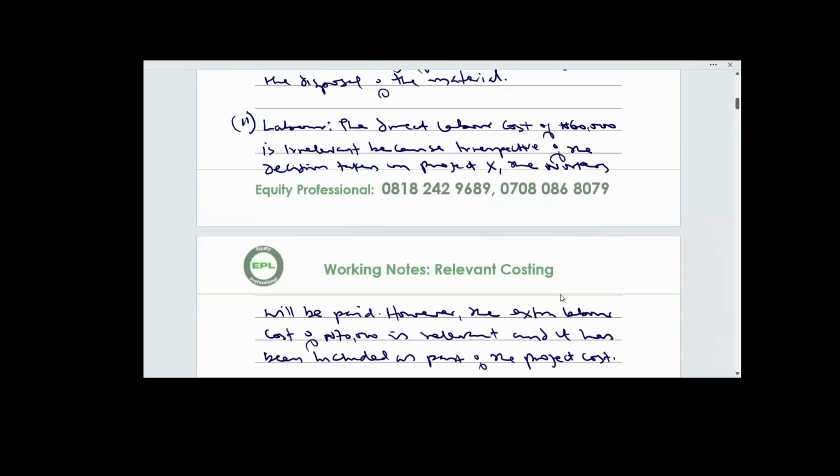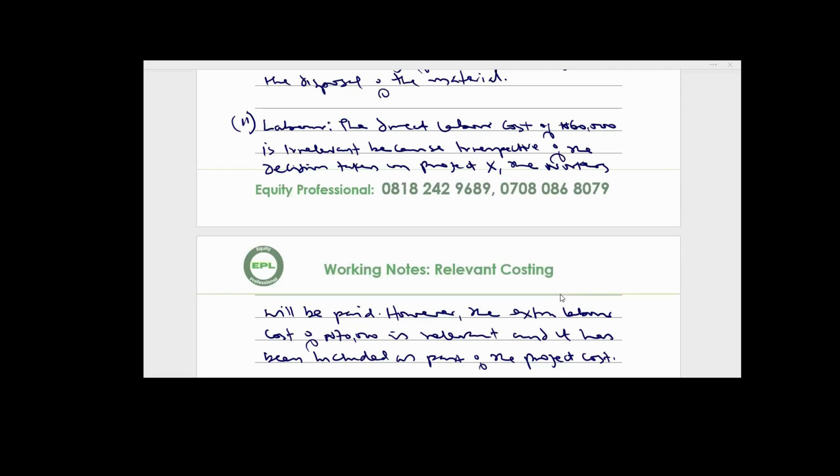Let's move on. Number 3. Supervision cost has been charged to the project on the basis of 33 1/3% of labor costs and will be carried out by assisting staff with their normal duties. So, how do we treat the supervision cost? According to the table given to us, supervision cost is 20,000 naira.